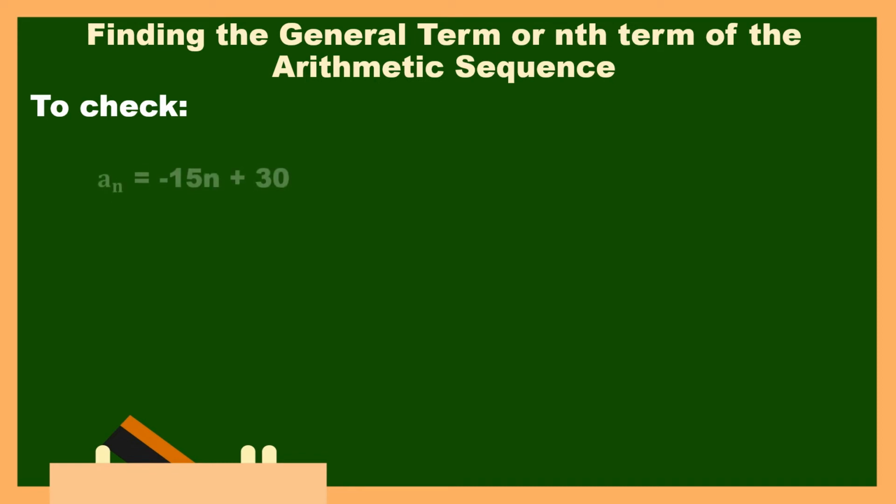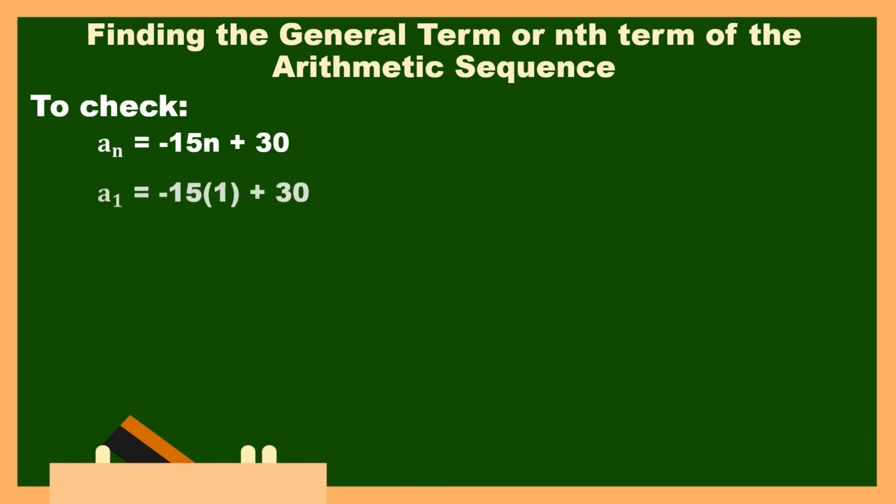So, para sa first term, lahat ng n doon sa ating arithmetic sequence rule na a sub n equals negative 15n plus 30, lahat ng n doon ay papalitan natin ng 1. Kasi nga ang ating hahanapin ay first term.